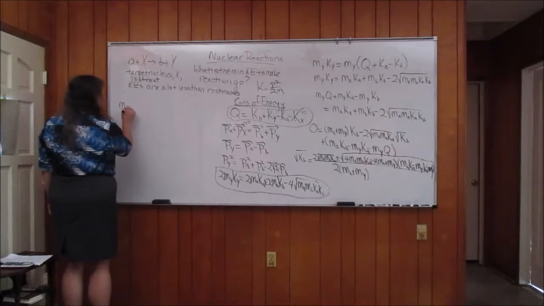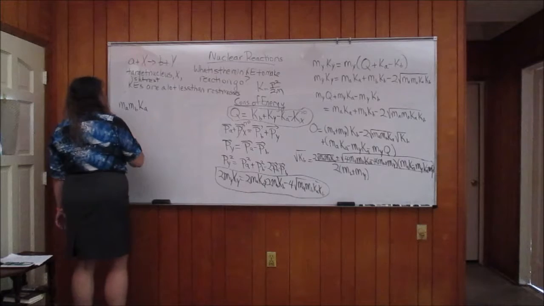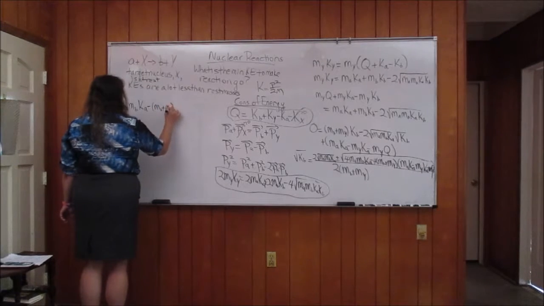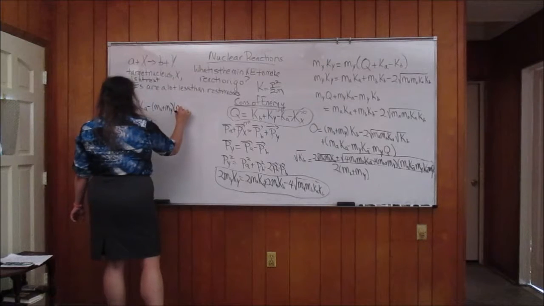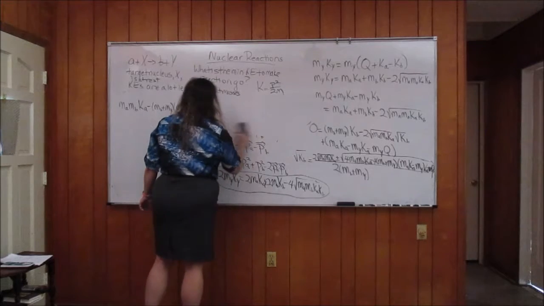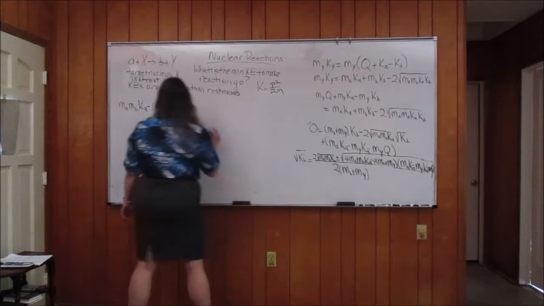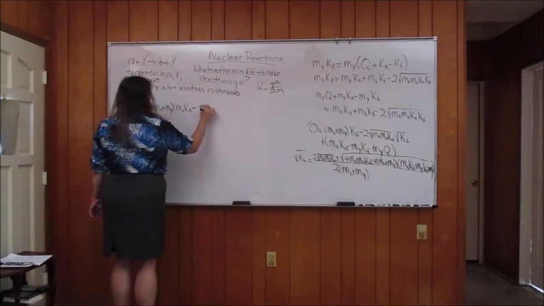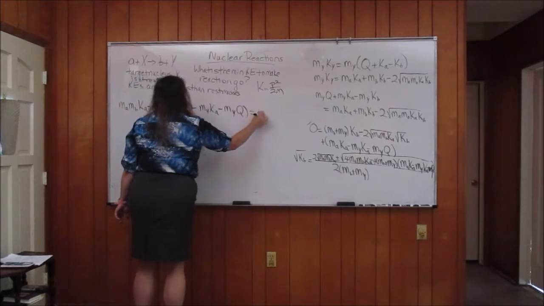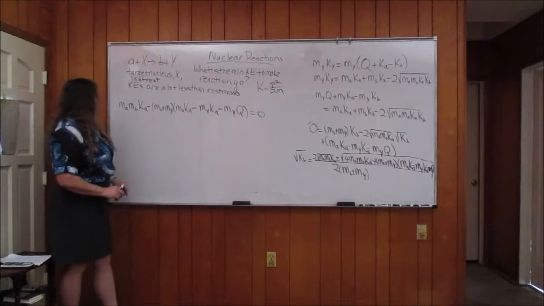So we have ma mb ka, and this is minus mb plus my times, looking for what kinetic energy causes this quantity under the radical to be equal to 0.